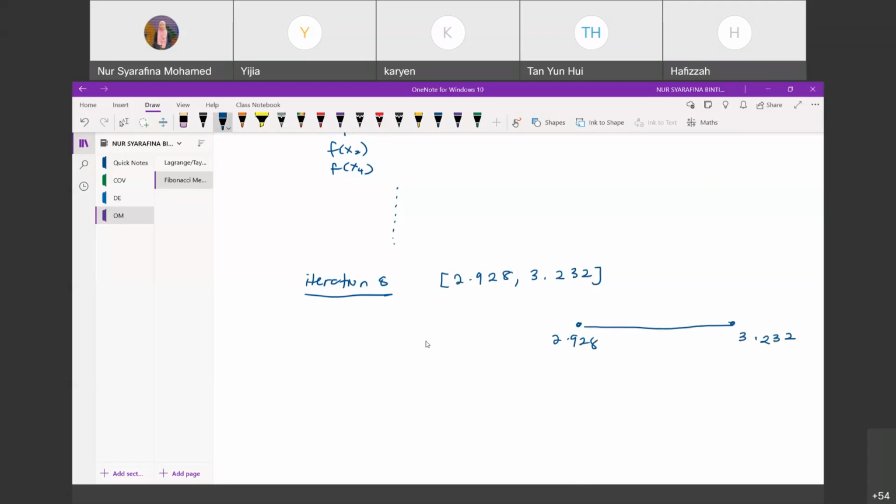Your x2 is between x1 and x3. x2 is 2.944, and just update the value of x4, which equals 3.216.